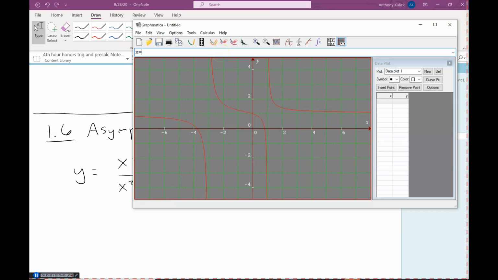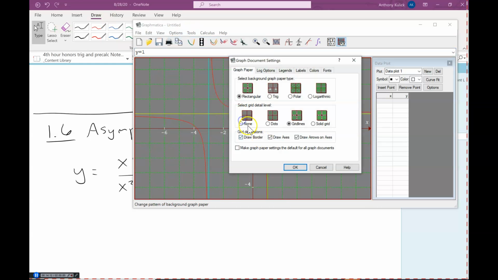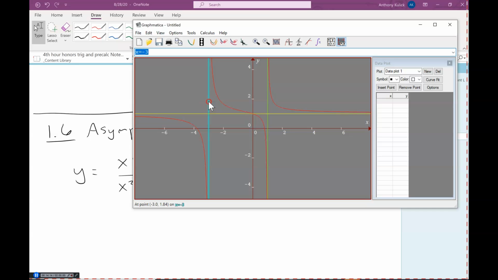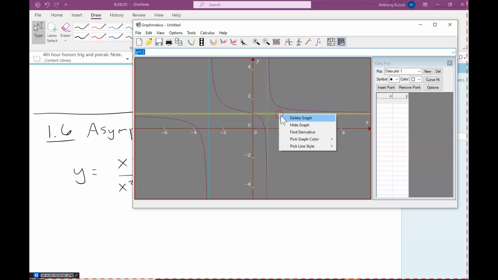And I have a vertical asymptote here, and here, and a horizontal one here. Let me get those grid lines out of there. I'll make this dashed, this dashed, this dashed, and let me make this one purple, and we'll make all of these the same color.